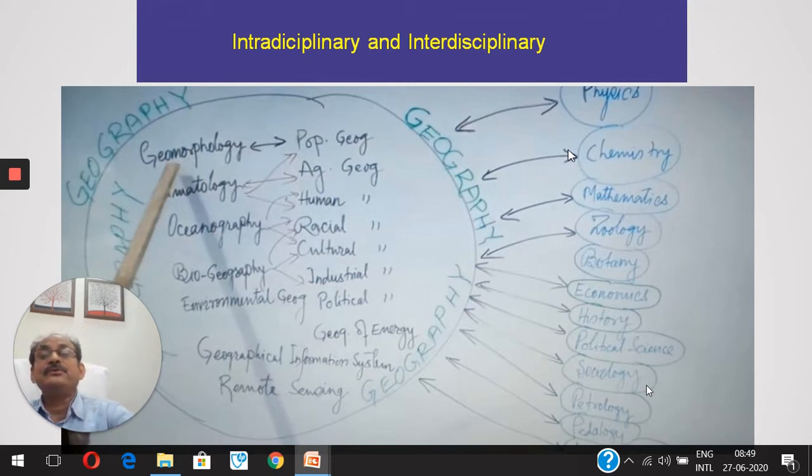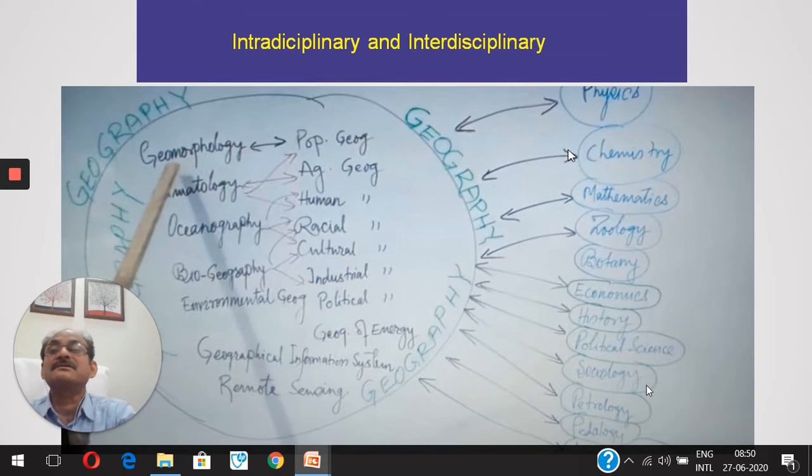And if geography is connected to physics, to chemistry, to mathematics, then botany, zoology, ecology, you see the scenario, then you have entered the interdisciplinary area. You connect geography to the physics problem, the chemistry problem, the mathematics problem, the zoology problem, to the whole science or engineering problem.